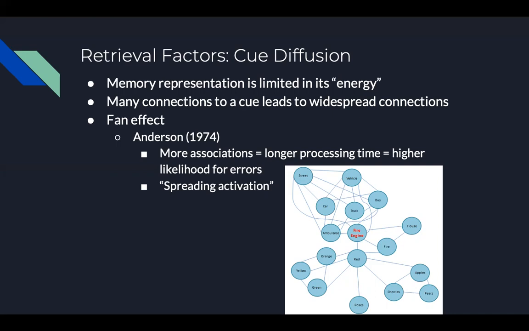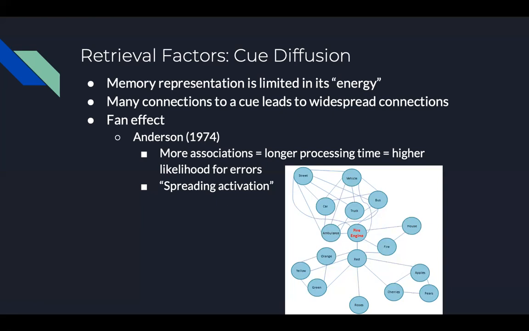And so if we look at this picture that's on the slide, which I'll talk a little bit more in depth about as well, if we start with the idea of fire engine, right? We see that fire engine has a lot more connections to it. You know, you have red, fire, house, ambulance, truck, all of those different ones.